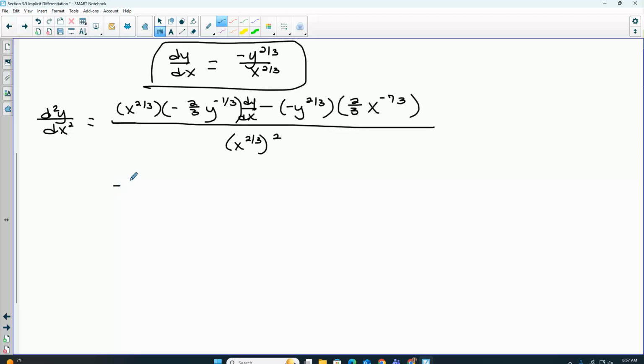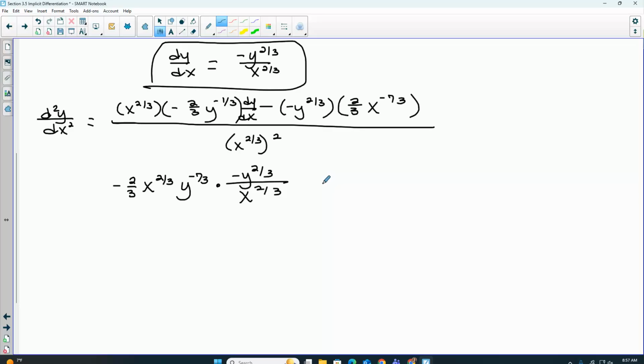We have negative 2/3 x to the 2/3, y to the negative 1/3. dy dx is negative y to the 2/3 over x to the 2/3.